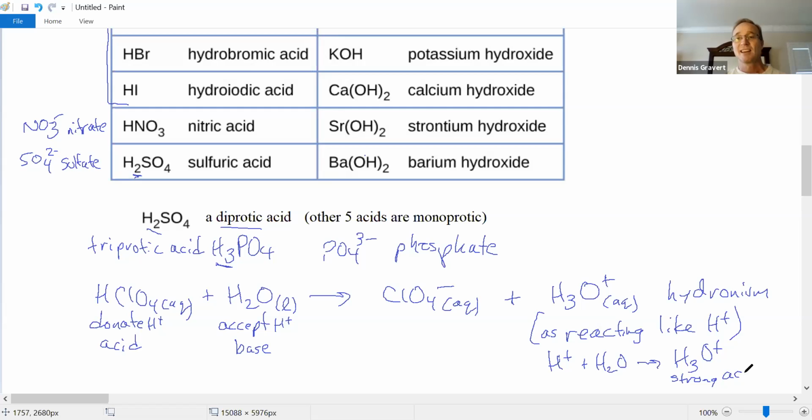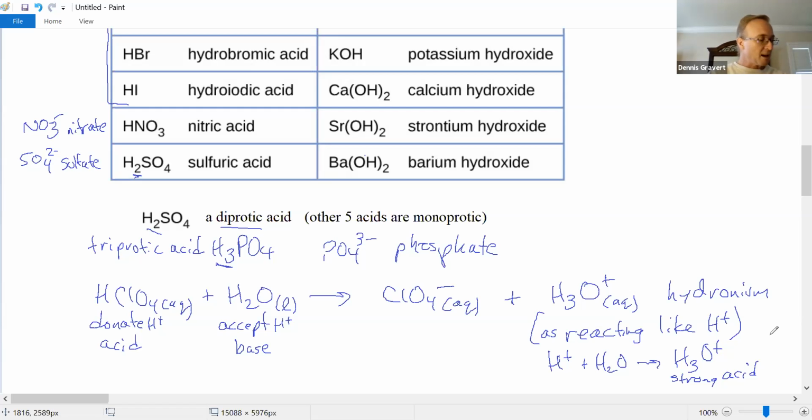Think of hydronium as equivalent to H+. If you see hydronium, say, there's a bunch of H+'s around. We're going to use this concept when we look at pH, a measurement of how acidic something is. So just think of H3O+ hydronium as the same as H+.